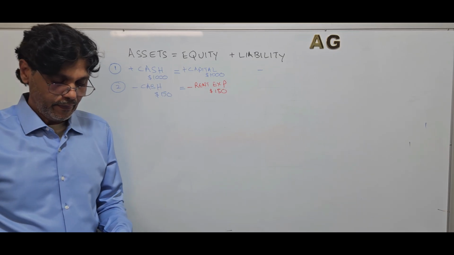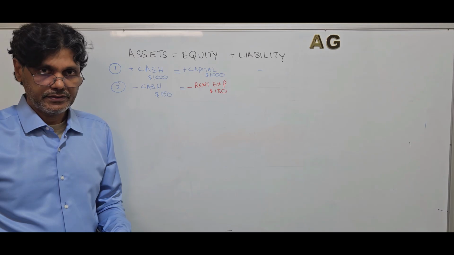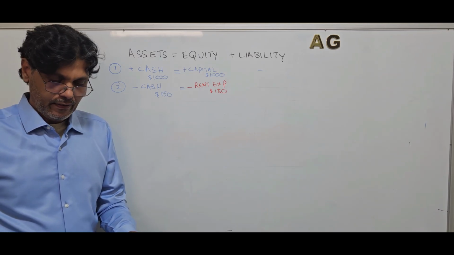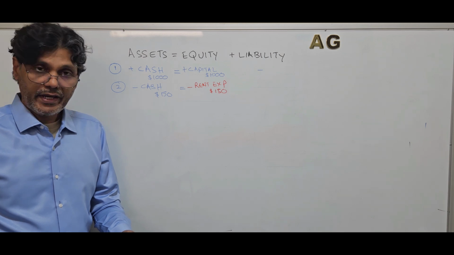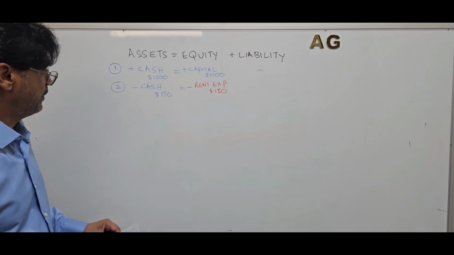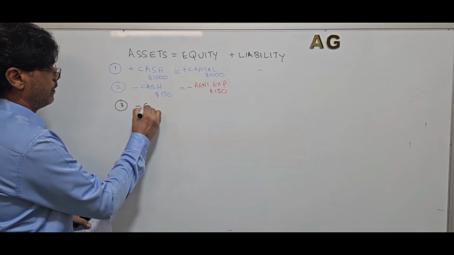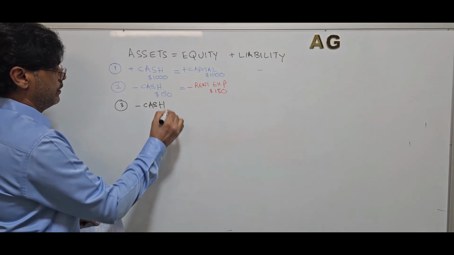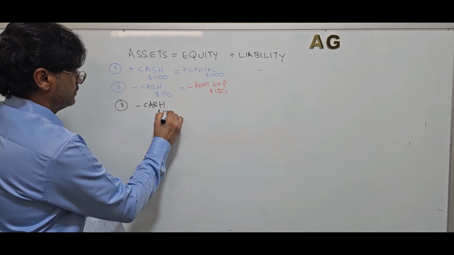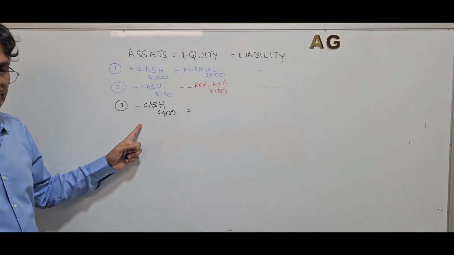Third transaction, purchased a delivery van for $400 in cash. The business has purchased a delivery van through cash. So the cash balance of the business will reduce by $400, because cash is an asset.